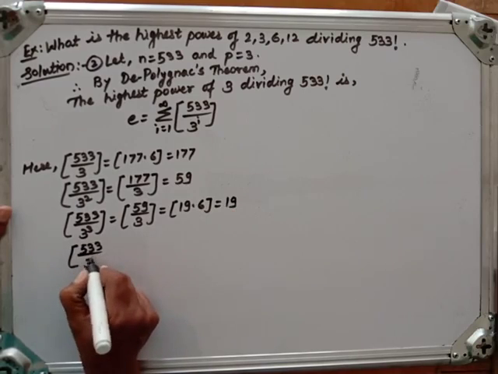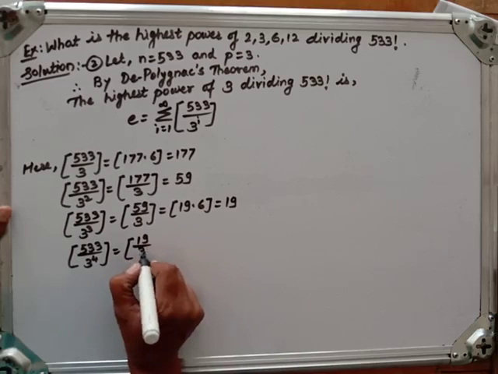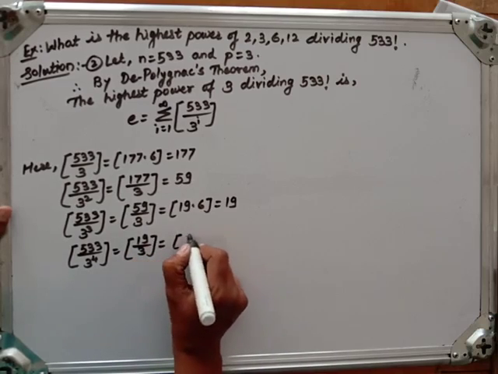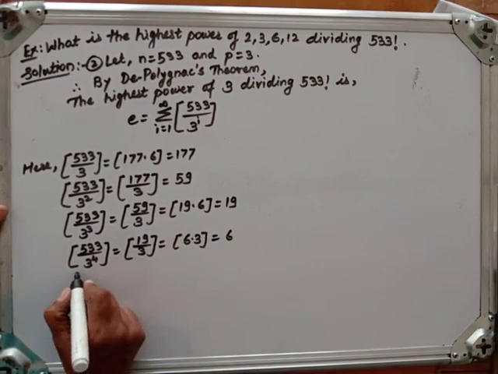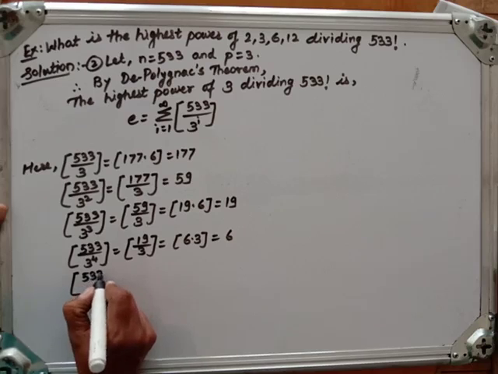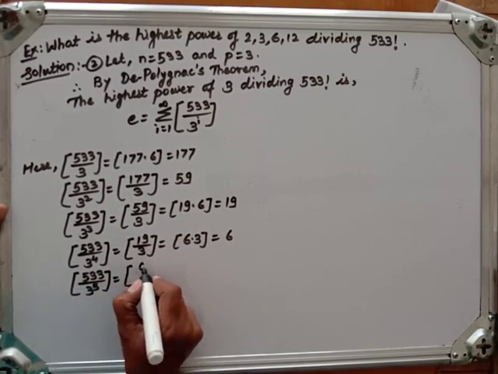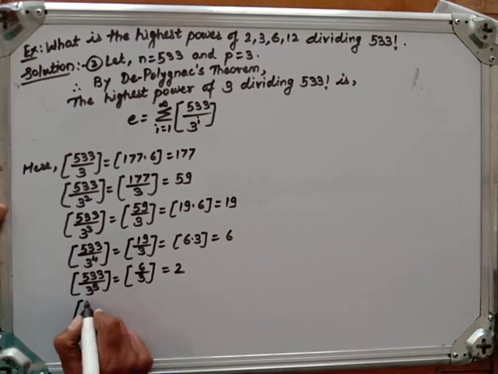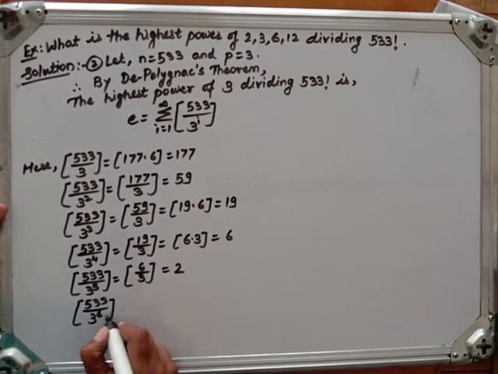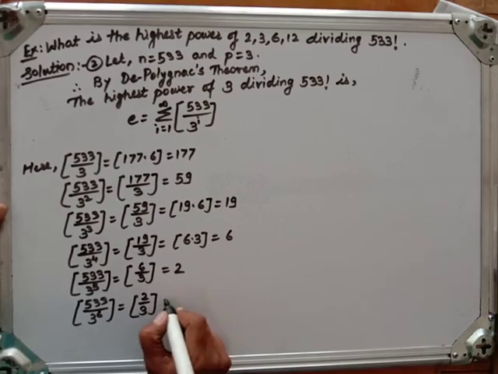533 upon 3 raised to 4: it is 19 upon 3, so it is 6.3, that is 6. Next, 533 upon 3 raised to 5: it is 6 by 3, so it is 2. 533 upon 3 raised to 6: it is 2 by 3, so it is 0.